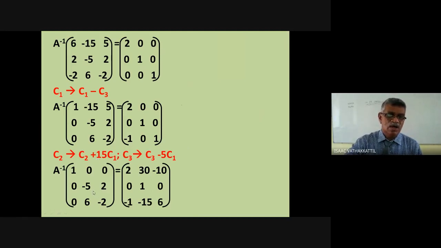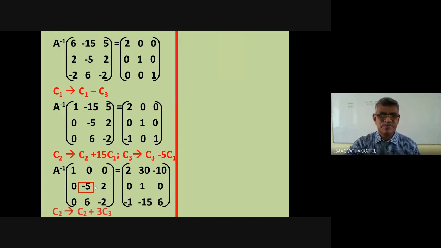Next, I want to make this minus 5 to 1. How will I make it? C2 plus 3C3: minus 5 plus 6. C2 changes to C2 plus 3C3. 3C3 added here, 3 times 6 added, so it becomes 1.